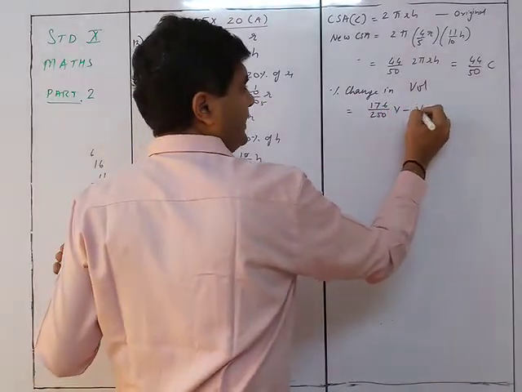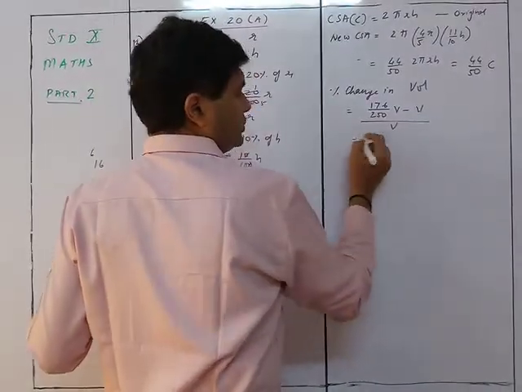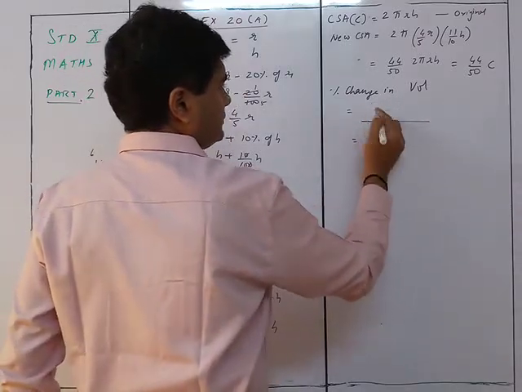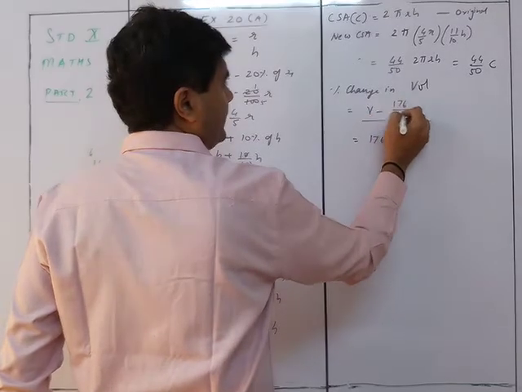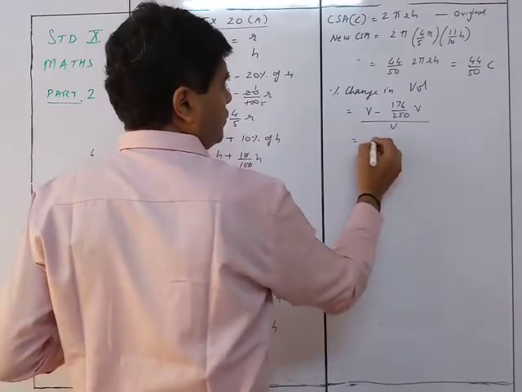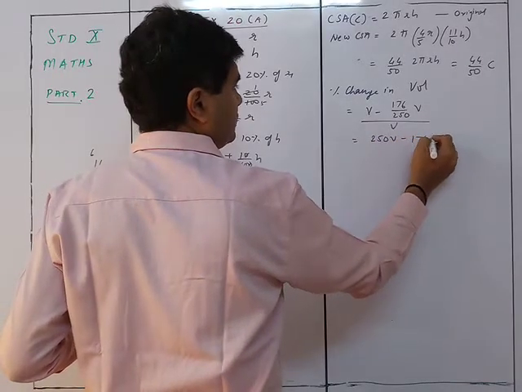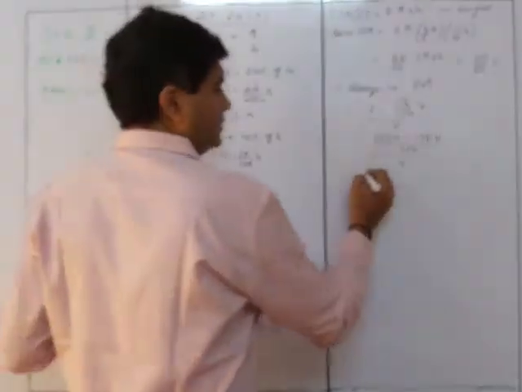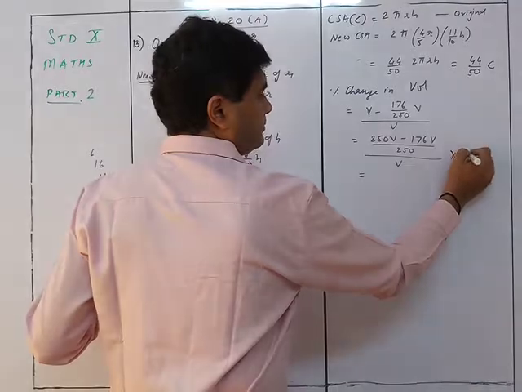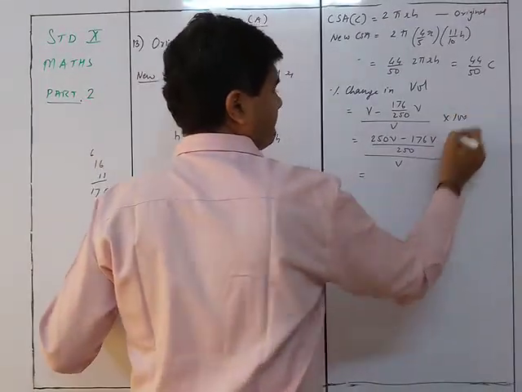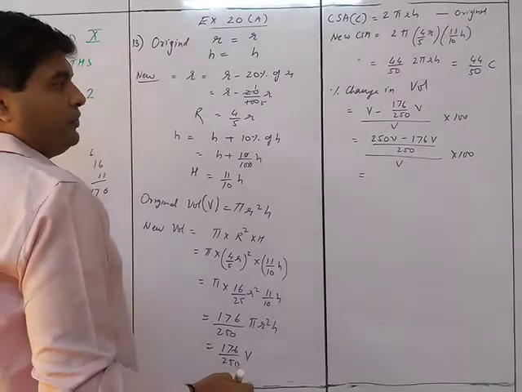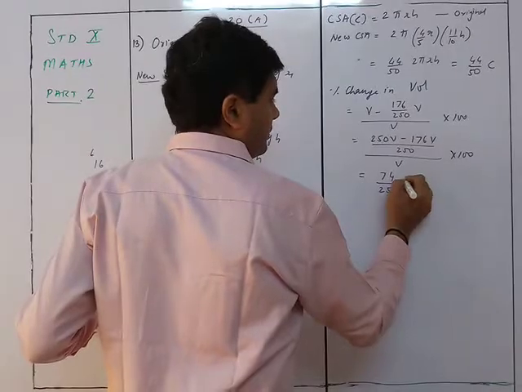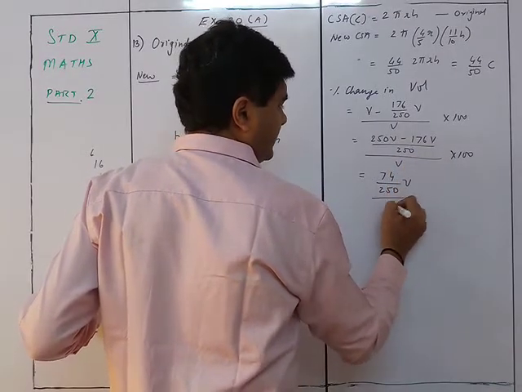So this is V minus 176 upon 250 V, upon V. So that will be 250 V minus 176 V upon 250, whole upon V, into 100 for percentage. That gives 74 upon 250, V upon V gets cancelled, into 100.